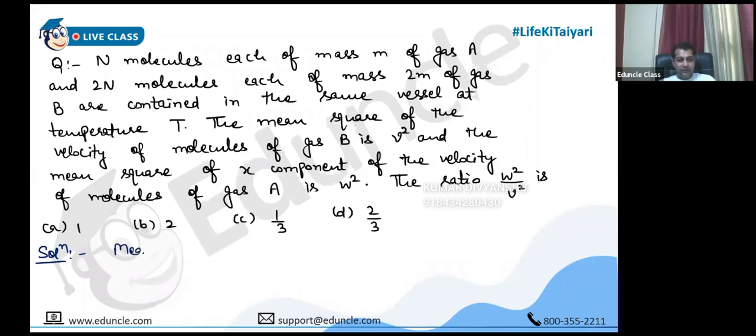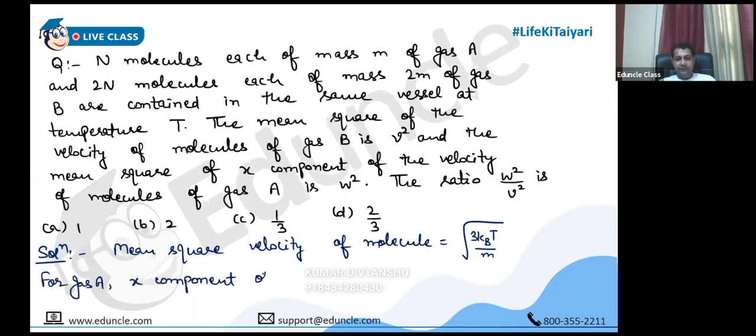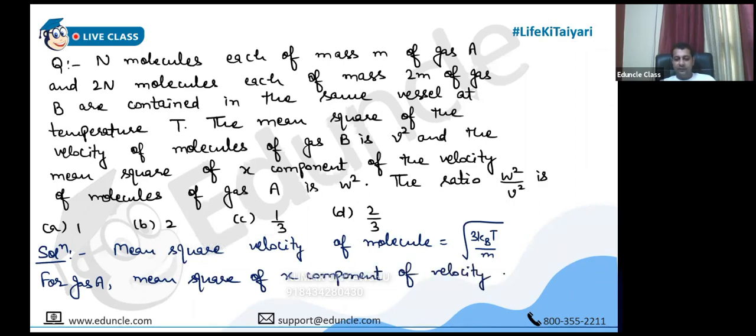Now, first of all, mean square velocity of it is 3 kT by m, where k is the Boltzmann constant. Now for gas A, it is given that the mean square of X component only is W square.